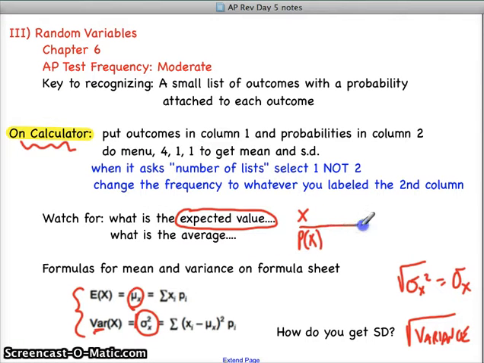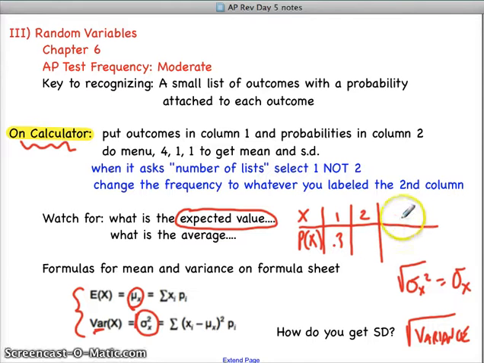And then let's say you're playing a game and you win $1 if you do something, and the probability of that is 0.3, and then you win $2 if you do something else. You fill this whole table out, and it's asking what's the expected value. And when we were doing it with games, it was a fair game if the expected value was 0, if you remember that. So here's the thing.